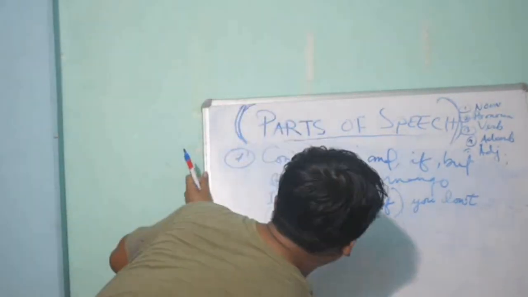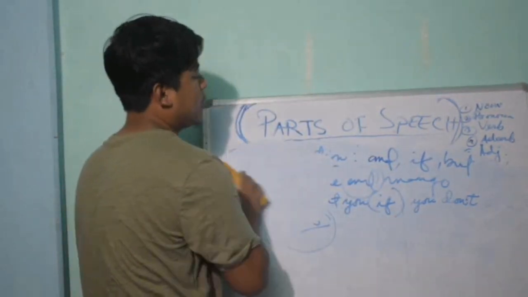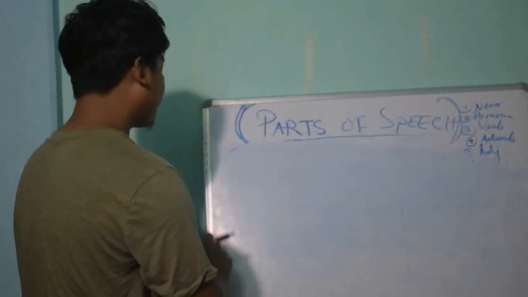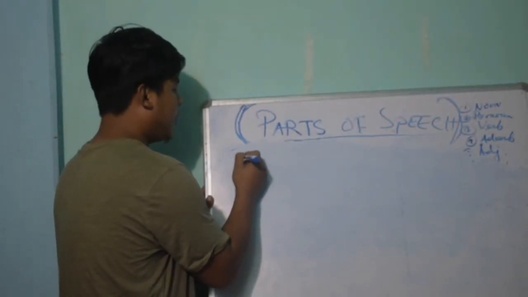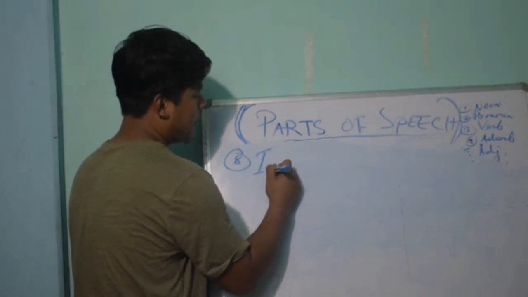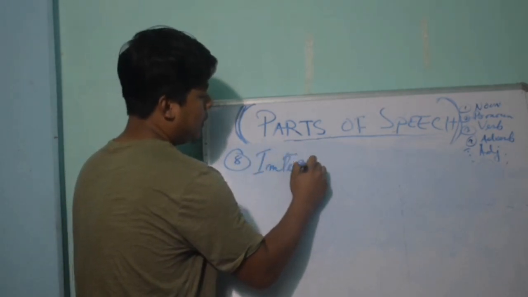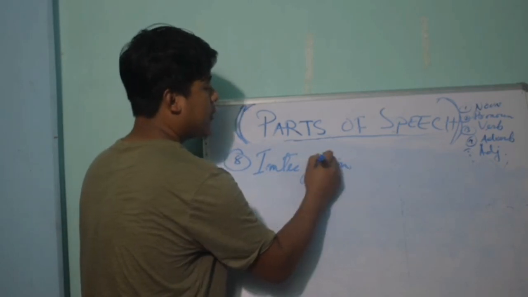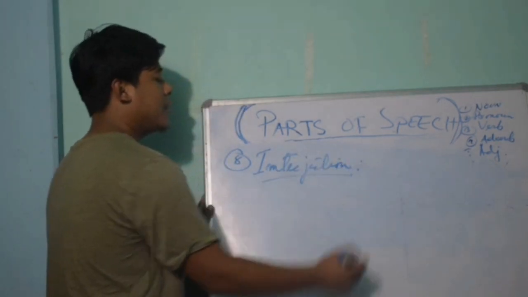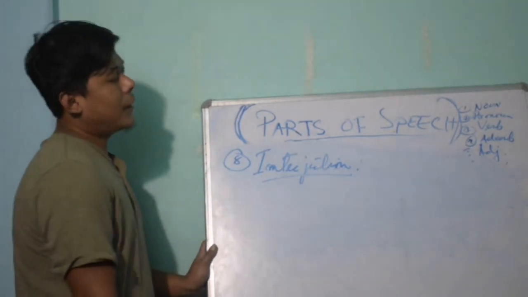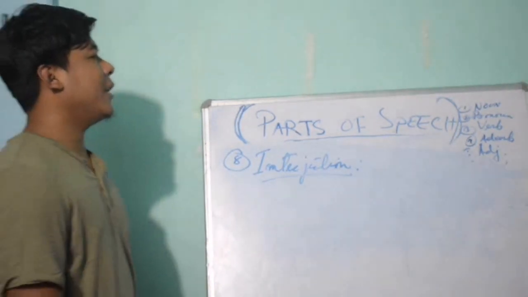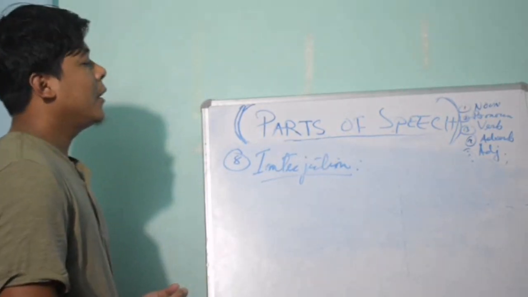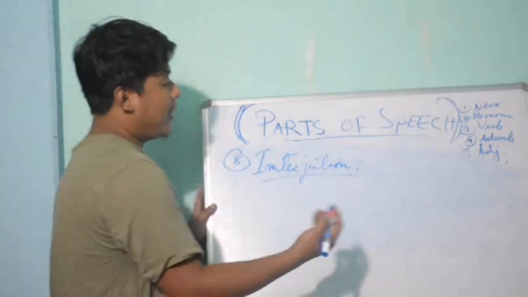So let's go on to the last one, which is number 8, interjection. Interjections are those words that express our sudden emotions or something natural or spontaneous that comes out naturally.